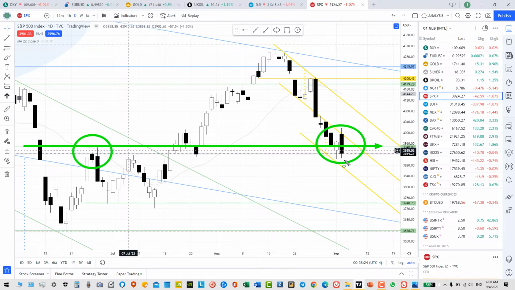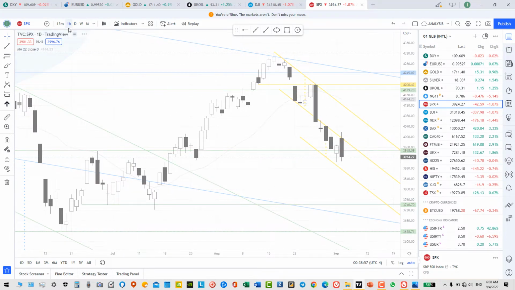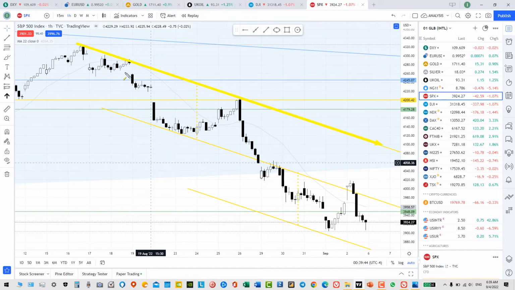So we notice also over the hourly chart, the ultra short time frame is also very negative, and we can take notice that the very short term, ultra short term trend is down, and of course it is the impulsive wave actually.